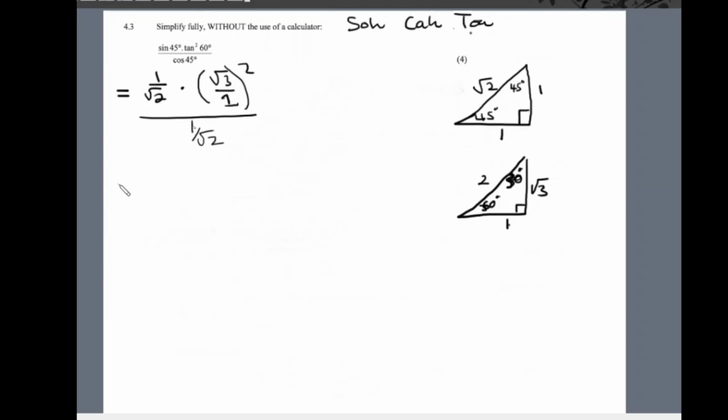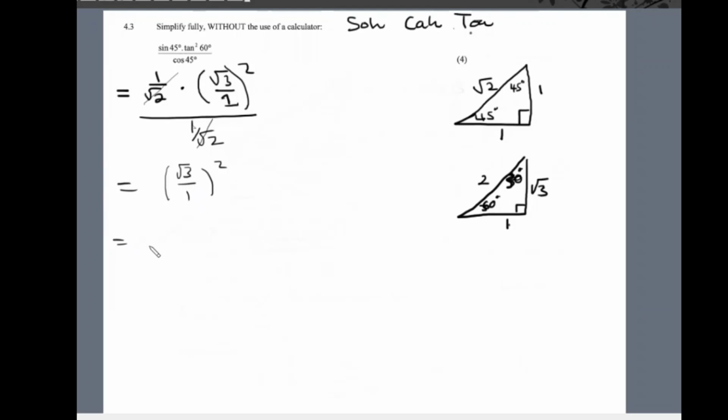And then now simplifying this, 1 over the square root of 2 and 1 over the square root of 2 will cancel. So we are left with square root of 3 over 1, sorry, to the power 2.